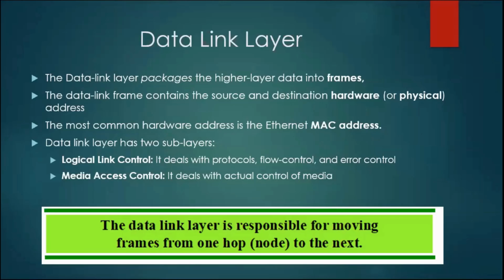The data link layer is divided into two parts: logical link control and media access control. Logical link control takes care of the flow control and the error control. It deals with the protocols, what's coming in, how the protocol should be represented and converted, how the flow of frames should happen, what to do when it receives an error, and how to resend the frames.